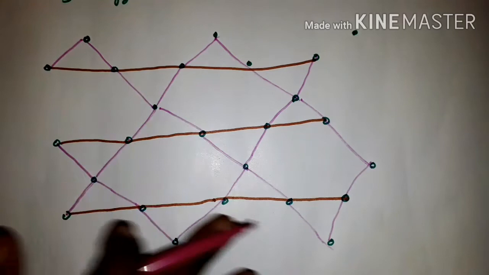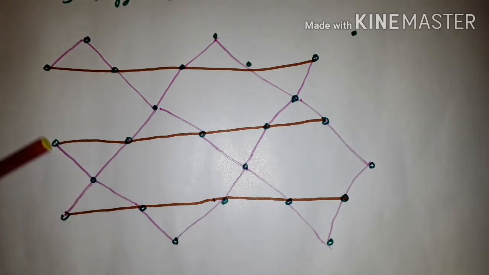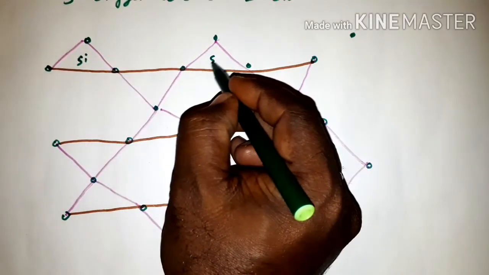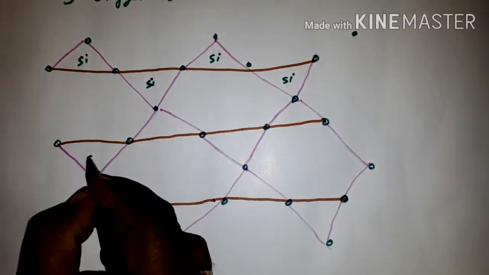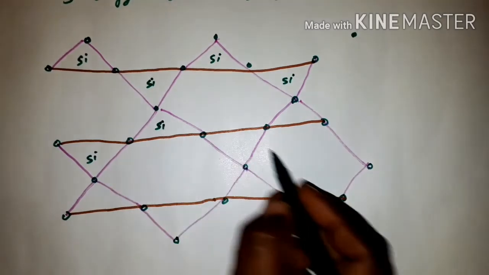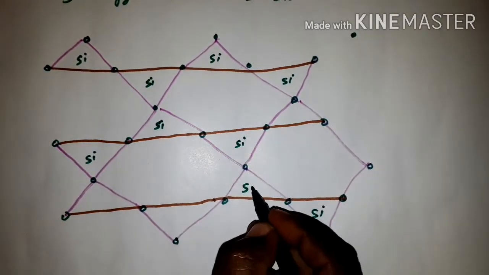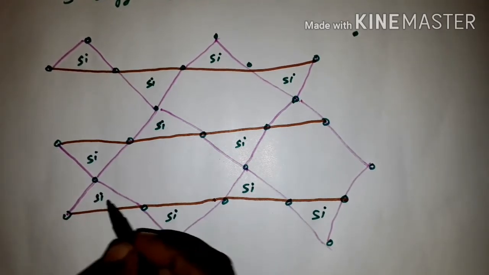See, this looks like a two-dimensional sheet structure. Now write the silicon atom in between these 3 oxygen atoms. Silicon, silicon, silicon atom, then here, then here, here, then here, then here.